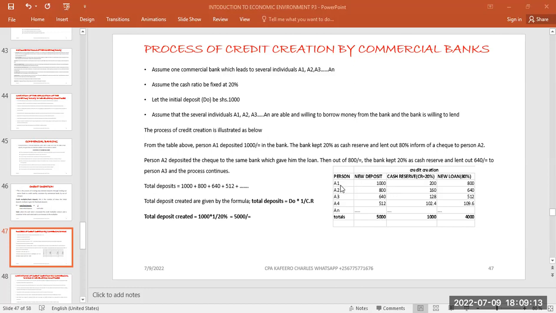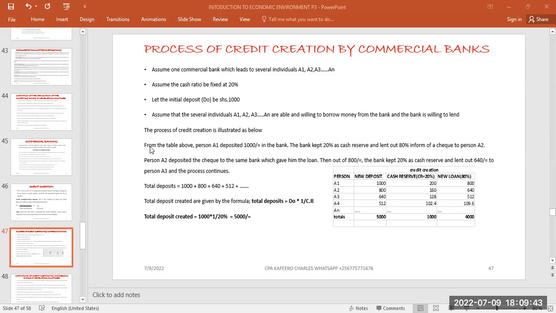This is the initial deposit that this person deposited into the bank, which is 1,000. And the cash reserve is 20%. The 20% of this will give you 200. Then the new loan will be 800, because when you deduct this minus this, you get 800.